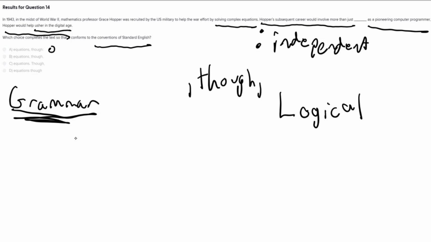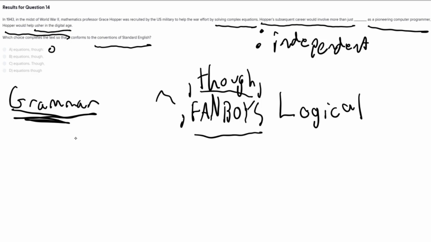That's also an independent clause, and you can't separate them with just a comma. You could use a comma and then FANBOYS, which is for, and, nor, but, or, yet, so. But though does not work. It's subordinating. You would need a coordinating conjunction, which is one of the FANBOYS. So that is why B is wrong.